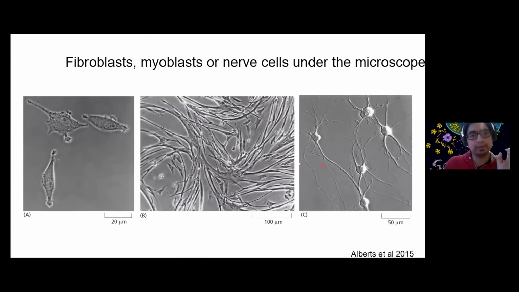This is an optical microscope. You can see they look all very different. That means they have different ways to regulate their genes, and we'll go back to this concept. But as you can see, again, the scales are 20 microns, which are the size of those cells.